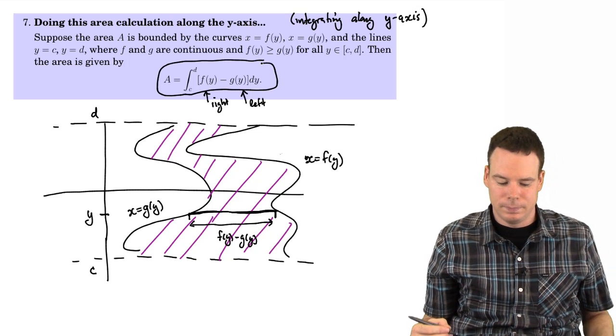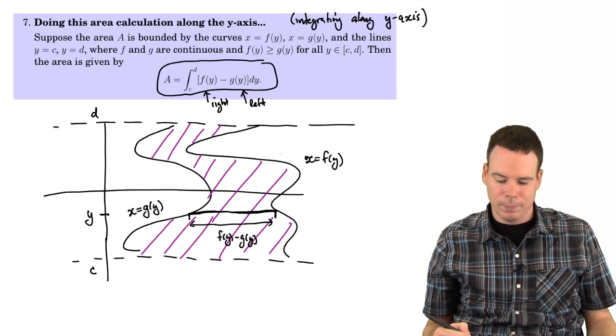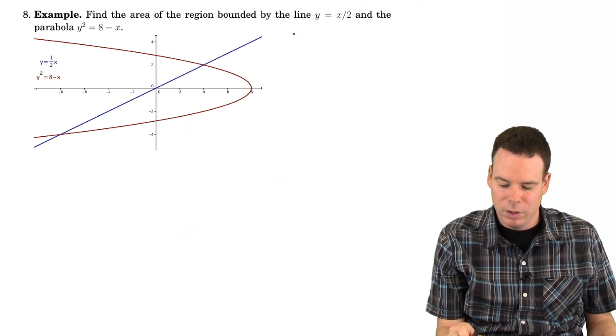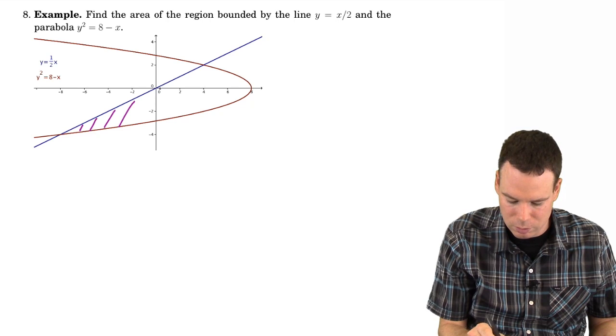So let's have a look at that last example again. Find the area of the region bounded by those lines that we already talked about. This is the region we're interested in.